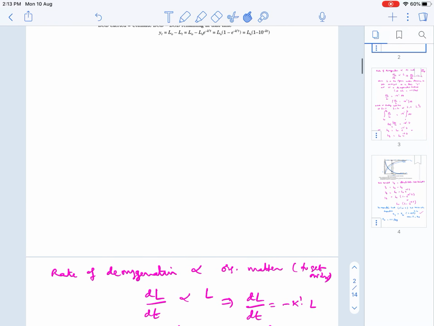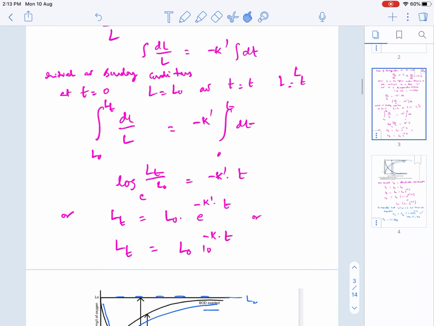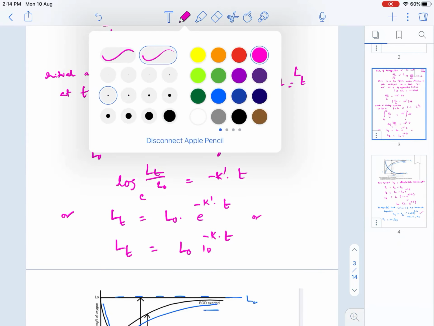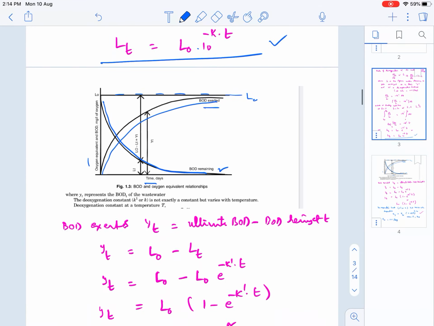So we'll have a quick look at the different derivations which we have calculated. Firstly, L0 is nothing but the ultimate BOD, and LT is the BOD remaining at any time t. LT is equal to L0 into 10 to the power of minus k into t.